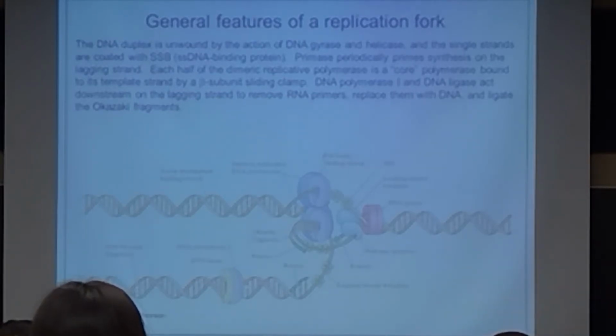We discussed that you need to remove the RNA primer, and DNA polymerase 1, with its 5' to 3' nuclease activity, removes this RNA primer. DNA polymerase 1 also seals the gap, and then comes DNA ligase, which connects the two ends of the Okazaki fragment.